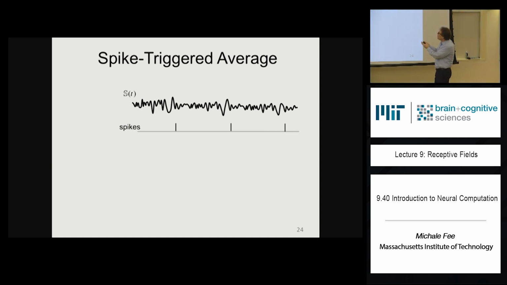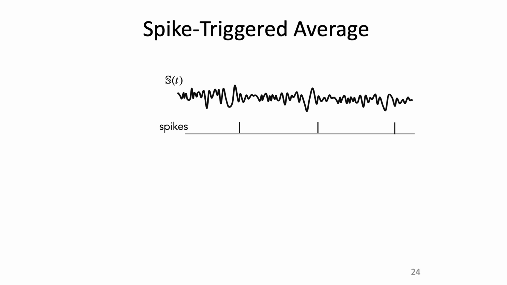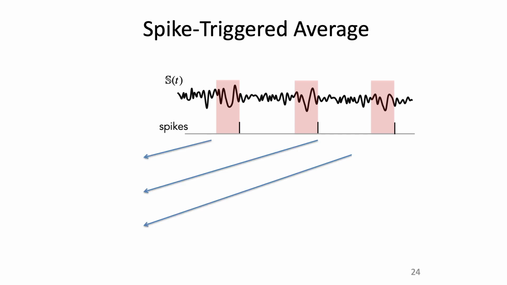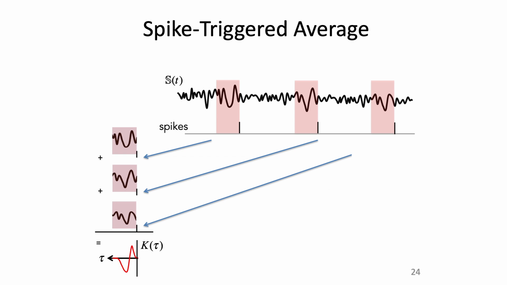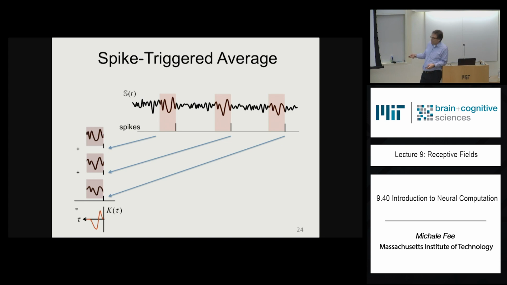So you can basically ignore whatever happened after the spike and just consider the stimulus that came in prior to the spike. So we're just going to take a little block of the stimulus prior to the spike, and we're going to do that for every spike that the neuron generates, and we're going to pile those up and take an average. Spike, triggered, that's it.